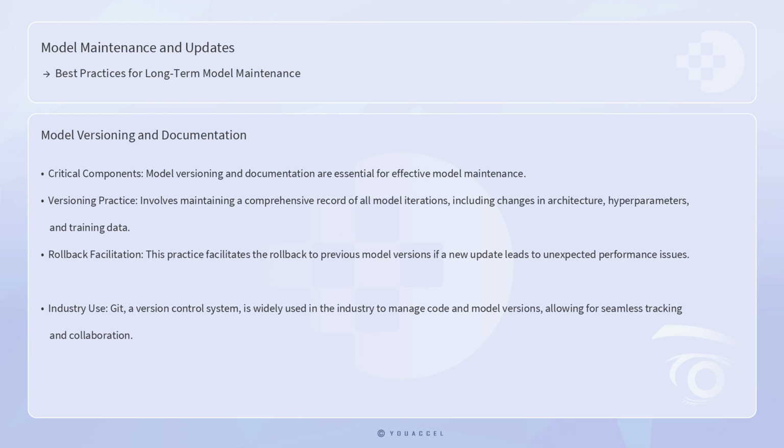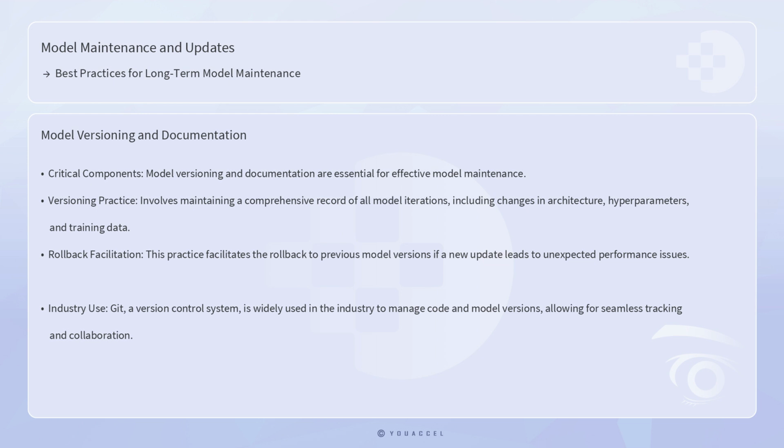Model versioning and documentation are also critical components of effective model maintenance. Versioning involves maintaining a comprehensive record of all model iterations, including changes in architecture, hyperparameters, and training data. This practice facilitates the rollback to previous model versions if a new update leads to unexpected performance issues.